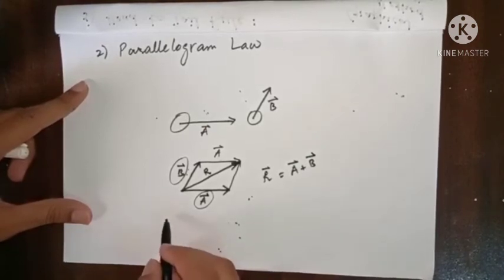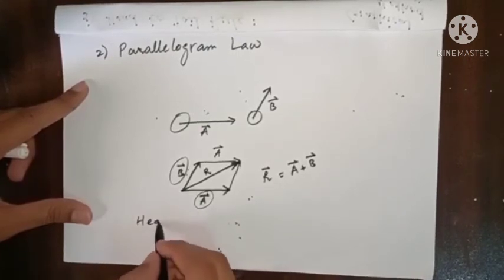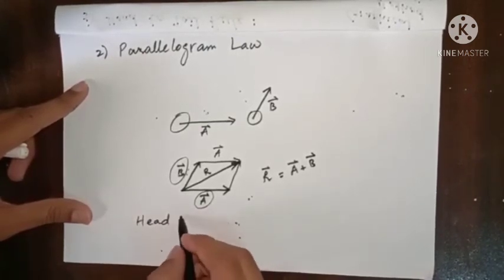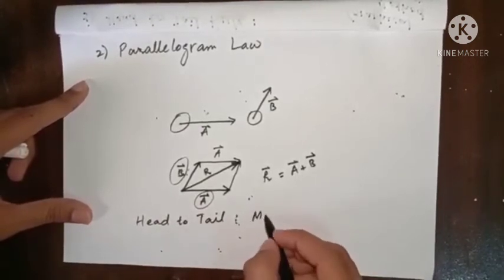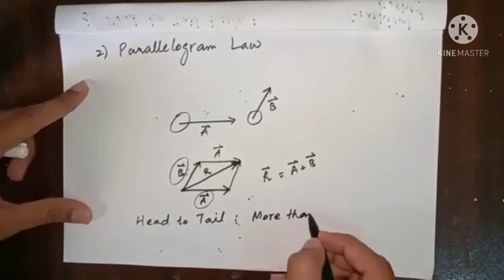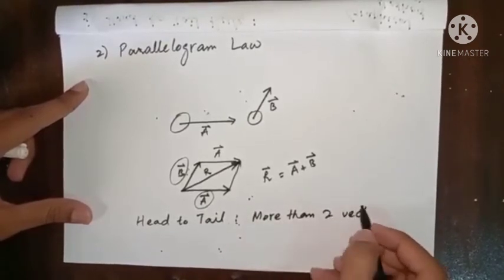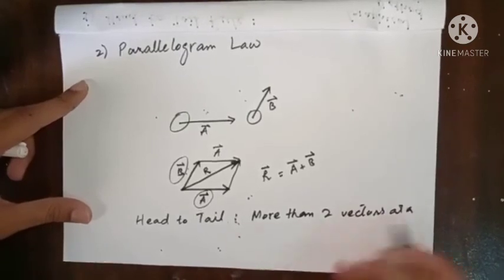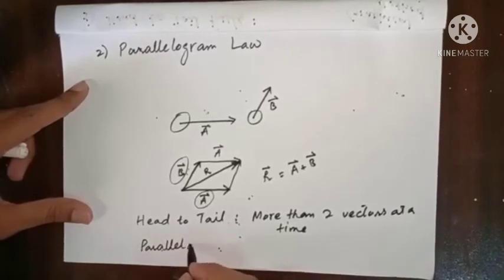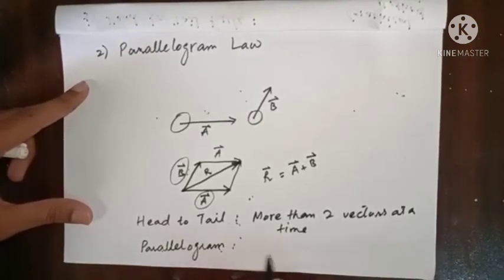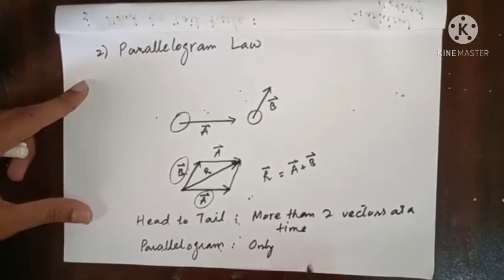Head to tail rule can be used to add more than two vectors at a time, while parallelogram law adds only two vectors at a time.